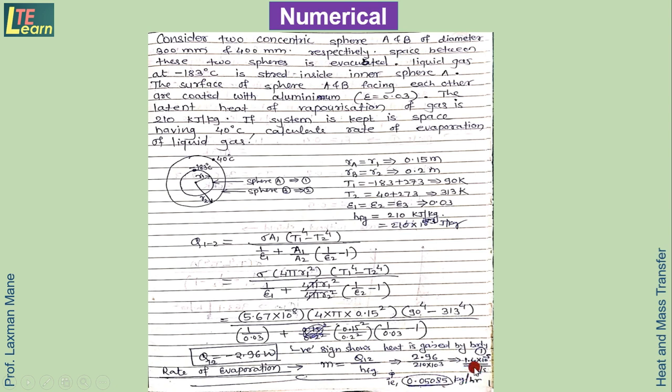We find the answer in kg per second, which is written here. That is again converted into kg per hour by multiplying this value by 3600, because 1 hour is 3600 seconds. So finally, the value in kilogram per hour is the rate of evaporation.